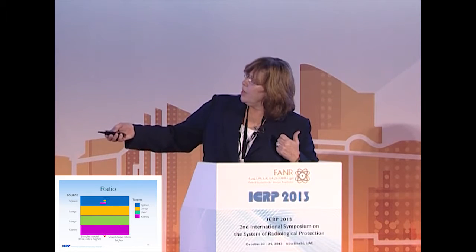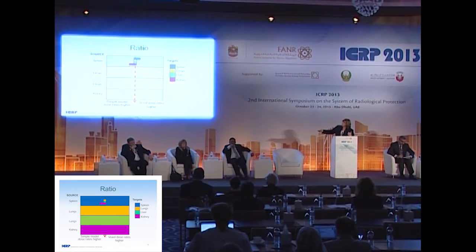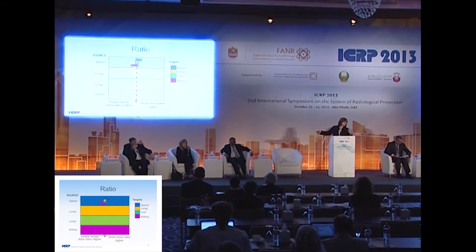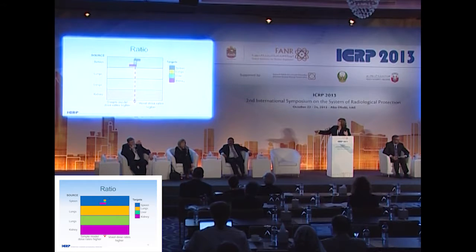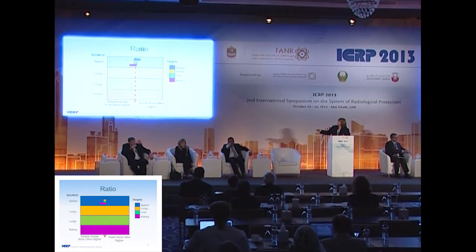If it's on the left-hand side, the dose calculation using the simplified model says is a greater dose. On the right-hand side, the dose rate using the voxel model is higher. And I'm looking at a variety of sources, so my activity's in my spleen, and it's irradiating itself, or the lungs, or the liver, or the kidney, and a variety of other organs. So again, this is a fairly standardized approach.